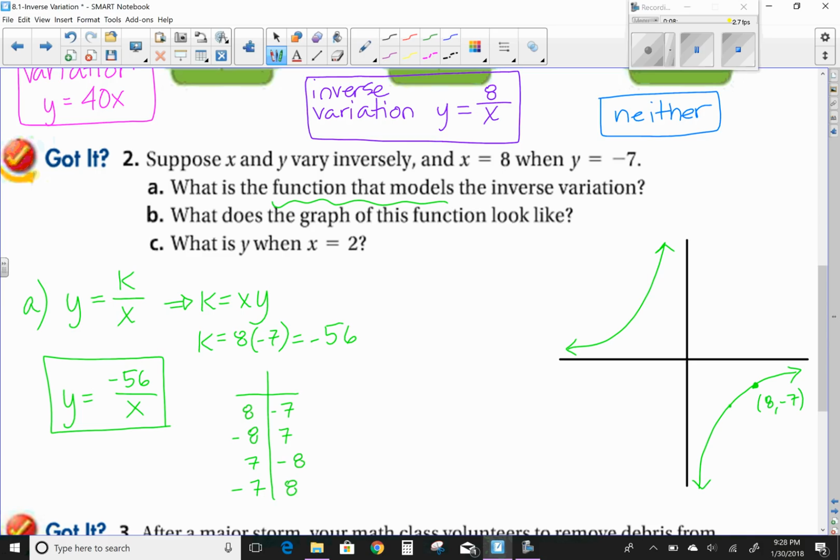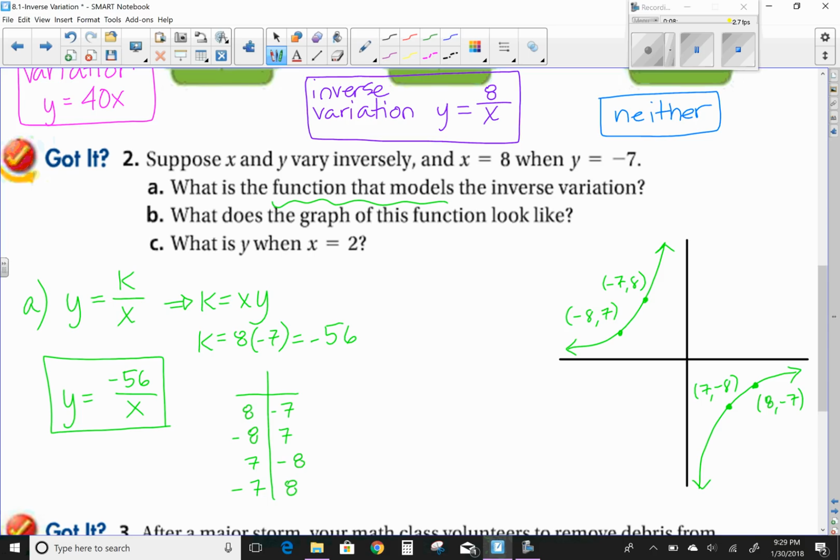And this point here would be 7, -8. And if I come over here, I would have that point, what's that going to be? -8, 7. And this point would be -7 and 8. Okay, so we're going to talk more about that in the next lesson, but that's just a rough estimate, an easy way to graph that.